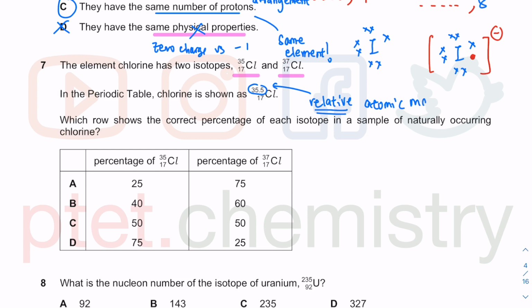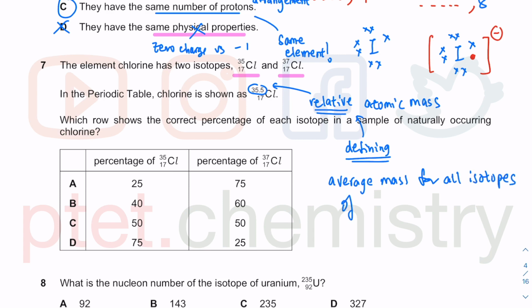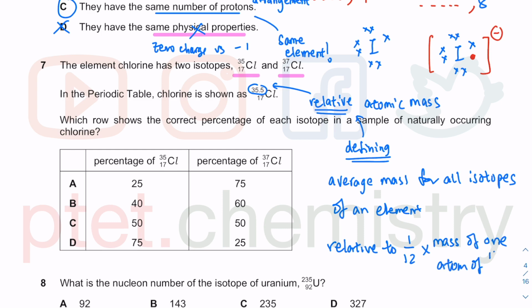In the theory part of the syllabus, candidates should be able to define this as the average mass of all the isotopes of a particular element, because your elements could have more than 1 isotope. It is relative to a scale, which is 1/12 times the mass of one atom of carbon-12.